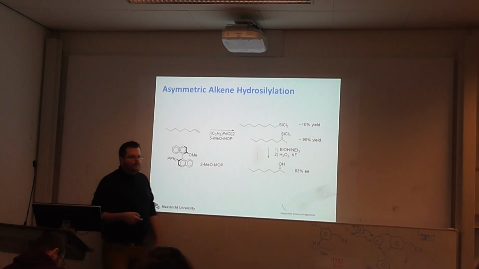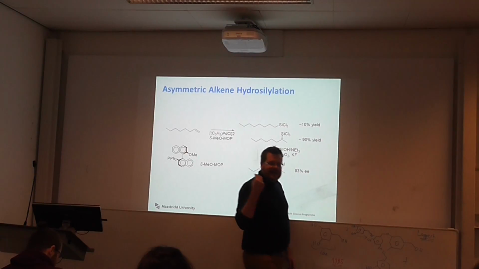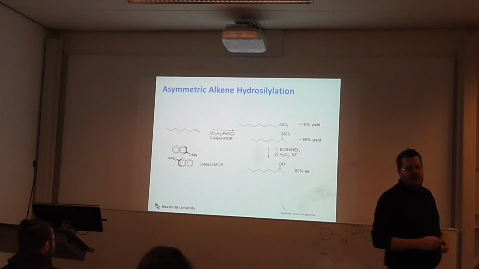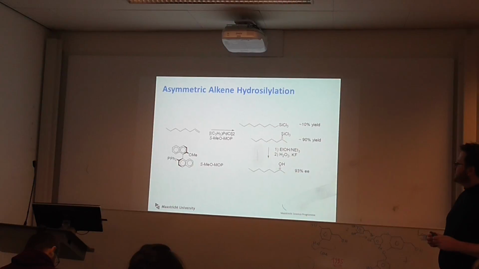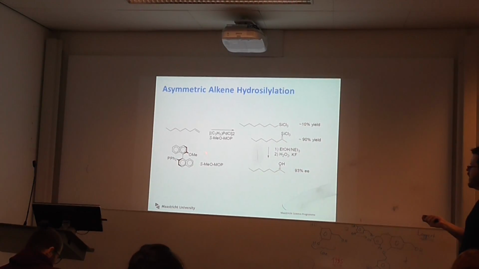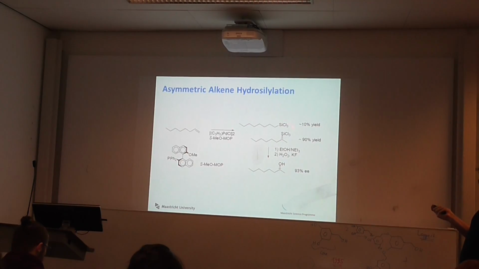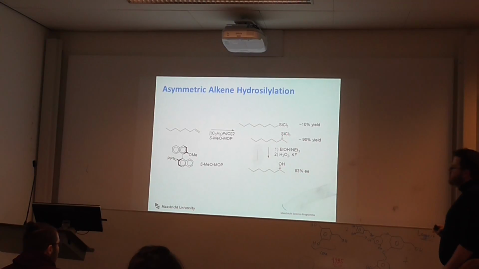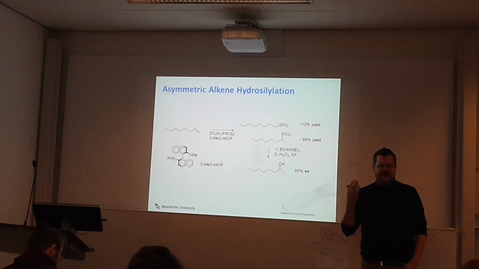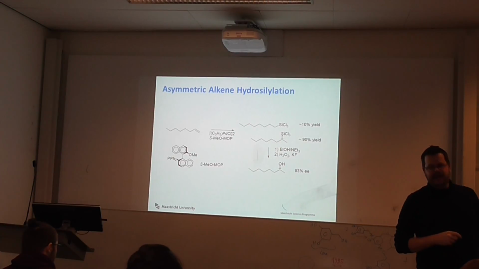So of course, people have developed stereoselective alkene hydrosilylation catalysts. This is an example, SMEO-MOP. And this guy, used in conjunction with palladium, under hydrosilylation conditions, will form stereoselectively this stereoisomer here. Now, remember what I said to you earlier, hydrosilylation is adding value to cheap alkene feedstocks.